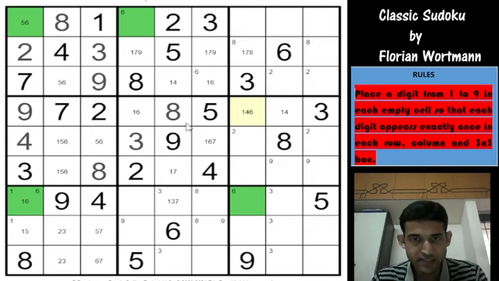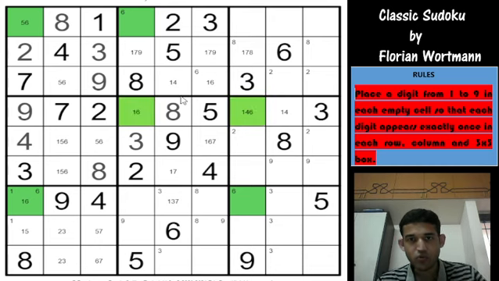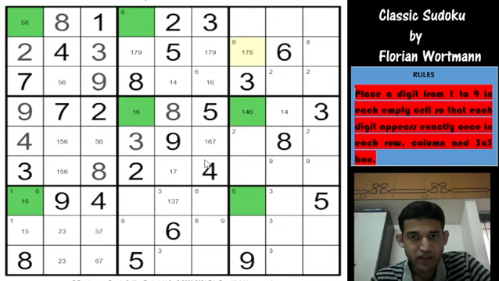Okay, so we can extend this pattern, guys. That's nice. So I'll highlight the 6 here. So now we have something called a swordfish, right? When you restrict the possibility of a candidate into 3 rows, here in this case row 1, row 4 and row 7, and into exactly 3 columns, in this case column 1, column 4 and column 7.